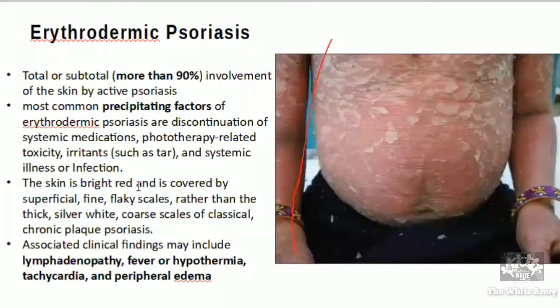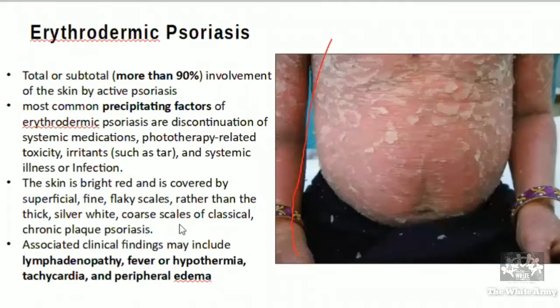So in these patients, the skin is bright red and is covered with superficial fine flaky scales. Here the silvery white scale which was described for chronic plaques is not seen. Thick scales are not seen here. And more than that, there will be other associated features like lymphadenopathy, fever, hypothermia, tachycardia, peripheral edema, because there are so many scales and the skin is proliferating so much.